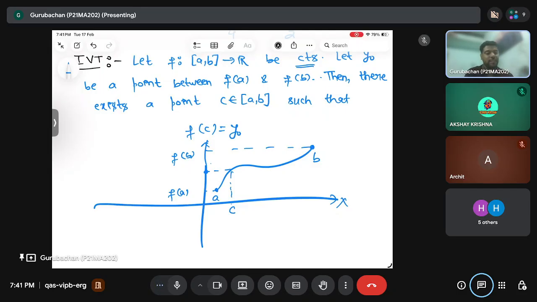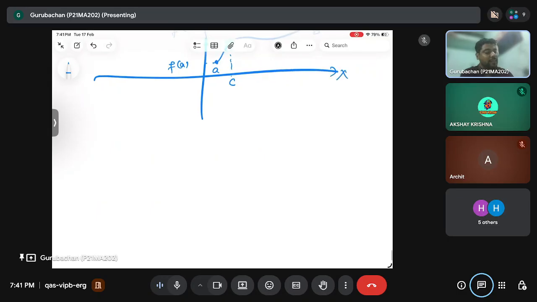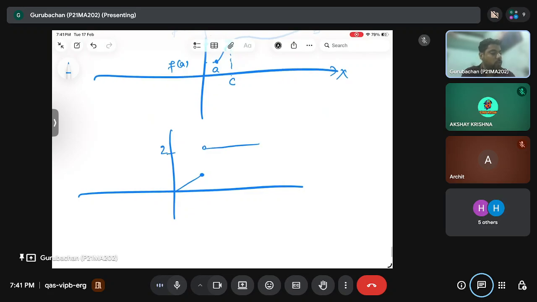I will also give the counter example of that. Graphically, how can you see that? For example, there is a discontinuous function like this. This is 2, this is 1, and this is 2. Now, if you choose any point between 1 and 2, for example 1.5, can you guarantee there exists a point C for which f of C equals 1.5?